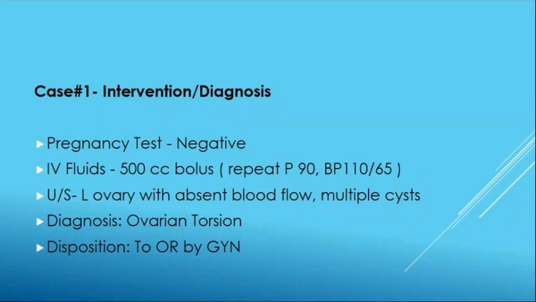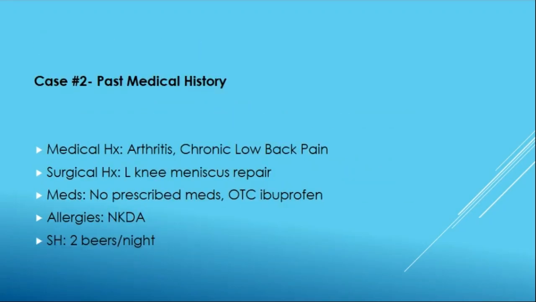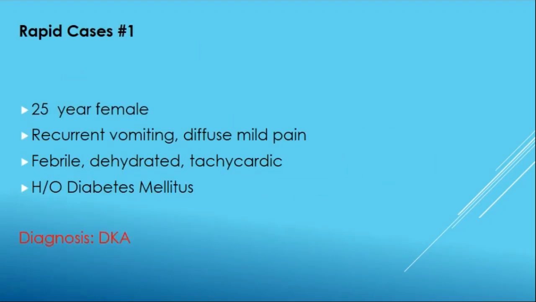I'll just run through for the interest. Give me a couple of minutes, we'll go for the rapid presentation of things. See, a 25 year old female, recurrent vomiting, diffuse abdominal pain, patient febrile, dehydrated, and tachycardic, with a history of diabetes mellitus.